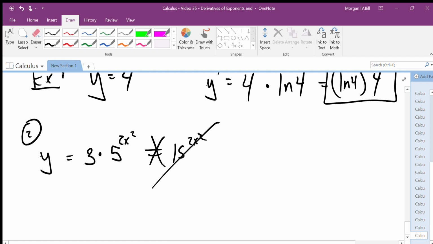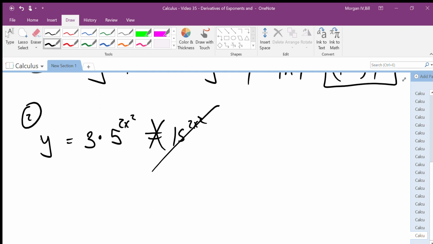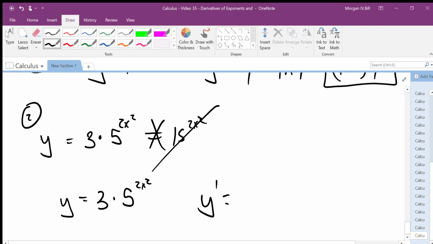Okay, so what is the derivative? If y equals 3 times 5 to the 2x squared, what is y prime? Again, pause the video, see how you do. All right, 3 times, the 3 just hangs out. The derivative of 5 to the 2x squared is itself. Don't forget that it is its own derivative. But because the exponent there is not just an x, the chain rule says times 4x, the derivative of 2x squared.